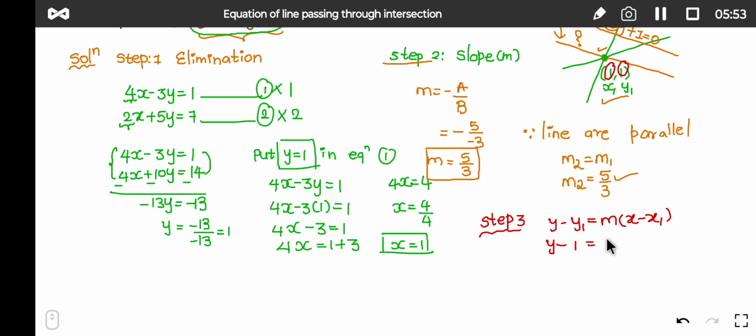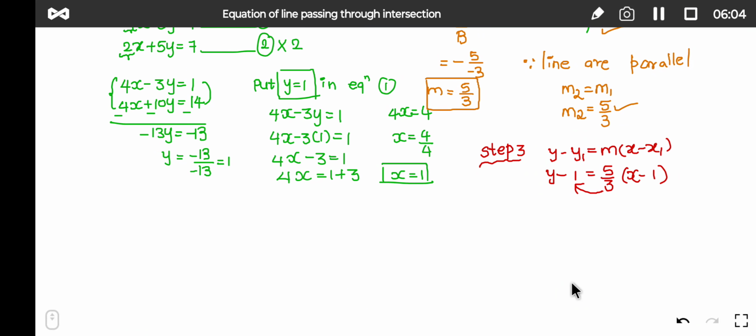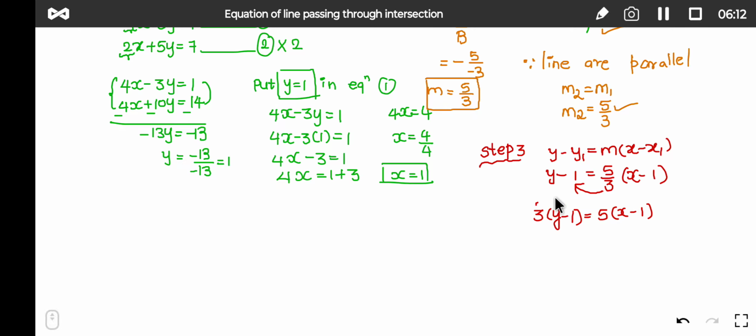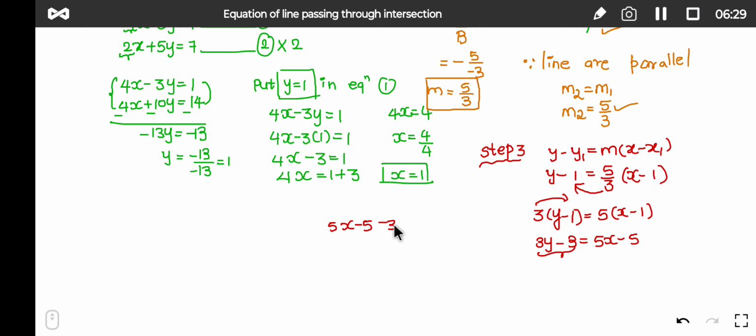So y minus 1 is equal to the slope 5 by 3 into x minus 1. Taking this 3 by cross multiplication, we get 3 multiplied by y minus 1 is equal to 5 into x minus 1. Multiplying inside, we get 3y minus 3 is equal to 5x minus 5. If we take all these terms to the right hand side, we get 5x minus 5 minus 3y plus 3 is equal to 0.